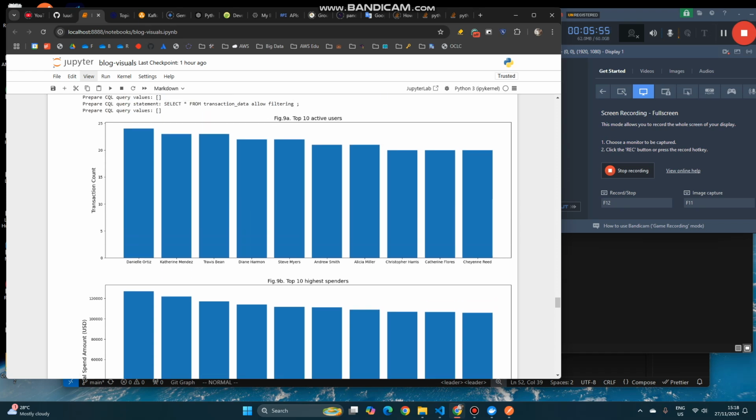And the interesting thing I found is there's not much difference between the users. So the difference between them is insignificant, which means that there is no trader with suspicious activity.